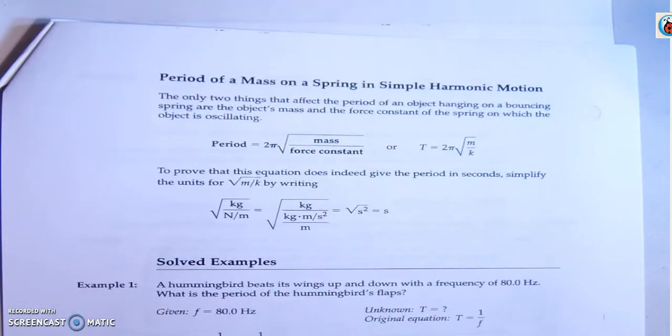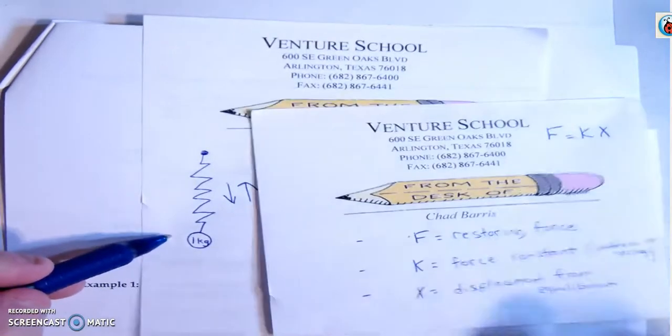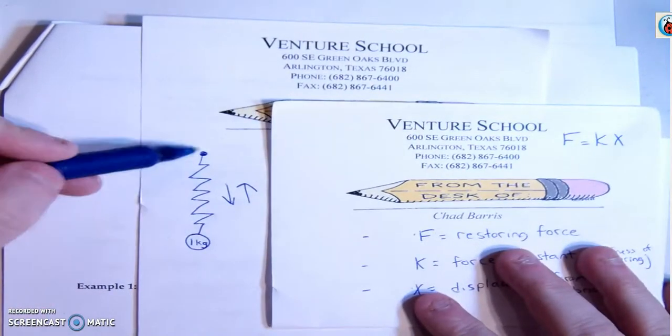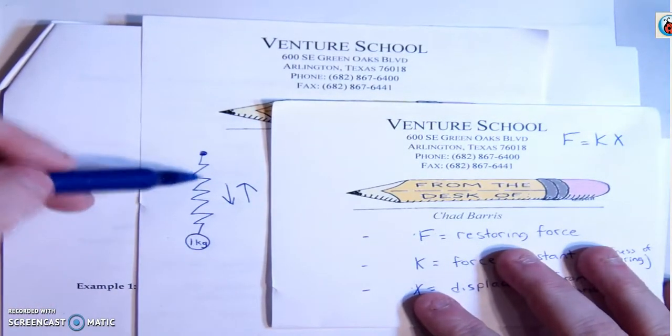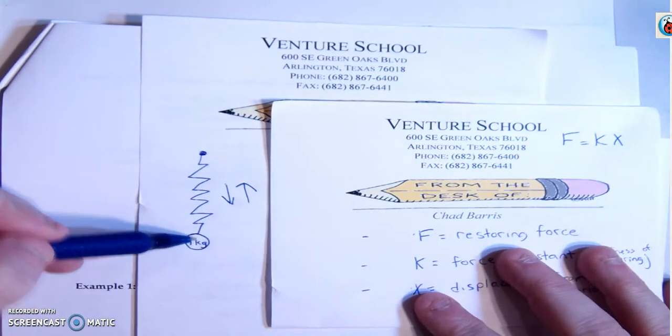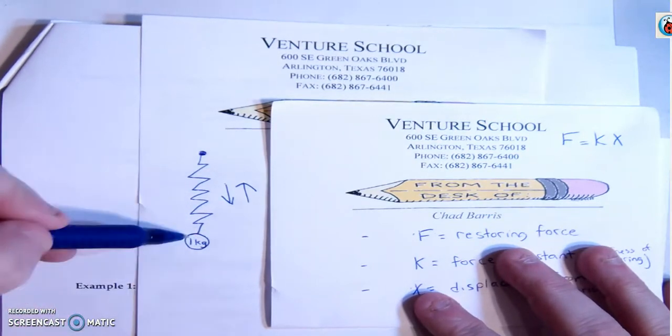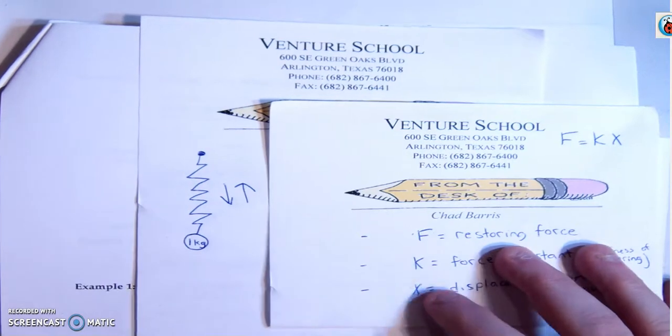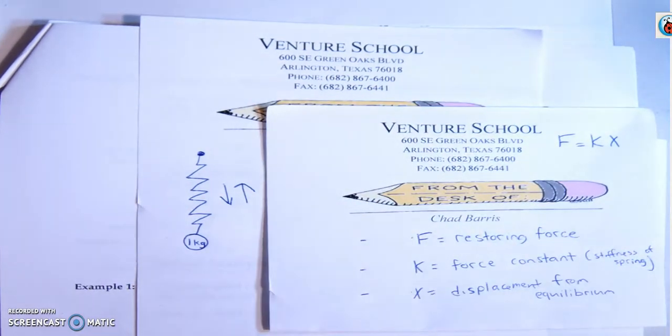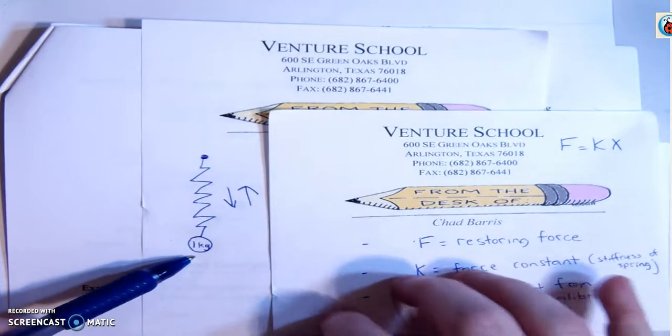So let's finish up our introduction by talking about the period again. If you guys remember, the period is the time it takes for a vibrating object to repeat its motion. So in something like this, which would be like a spring mounted to a wall with a weight on it, it would be the time it takes for this object to go down and then come back up, right? Some things actually affect the period. Now, in something like this, 2 things will affect the period.